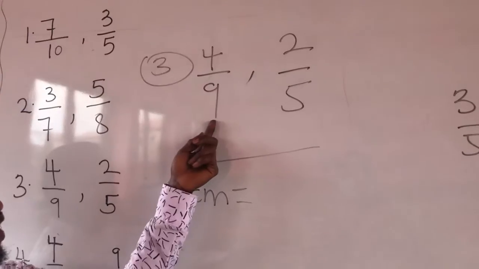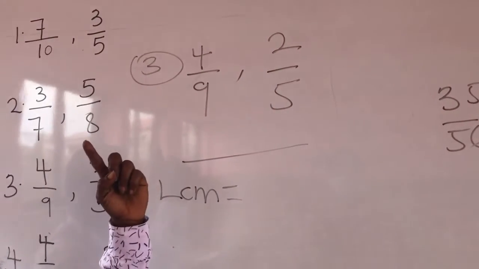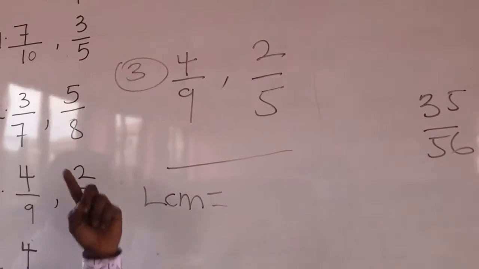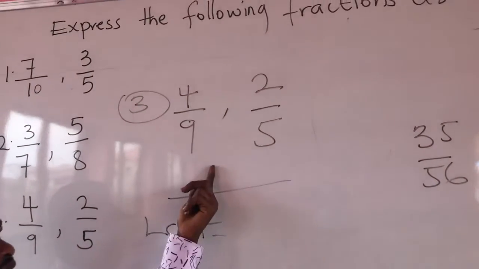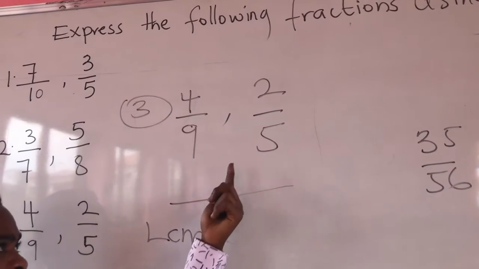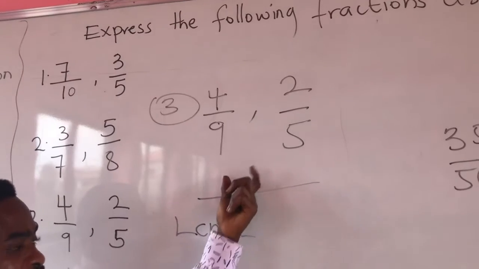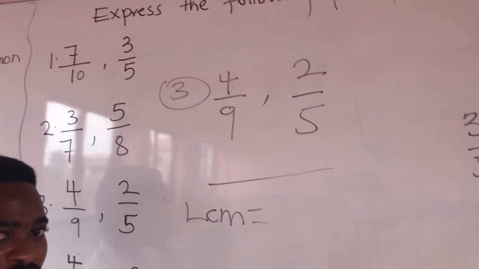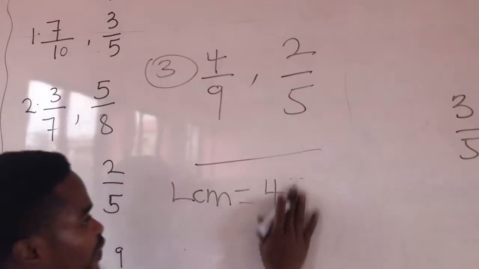What you need to do in this case is multiply 9 by what? 5. So that you can do the work quickly. So 9 1 is 9, 9 2 is 18, 9 3 is 27, 9 4 is 36, 9 5 is 45. Stop there.